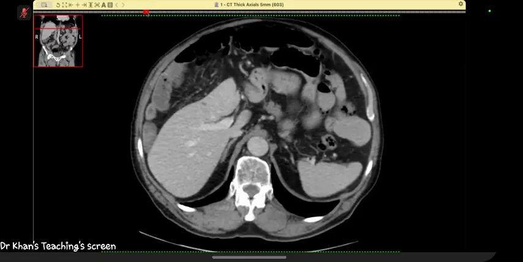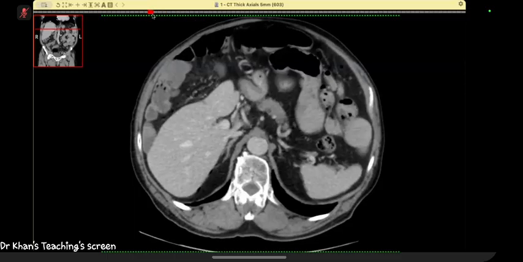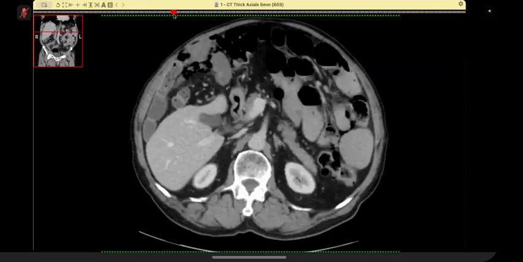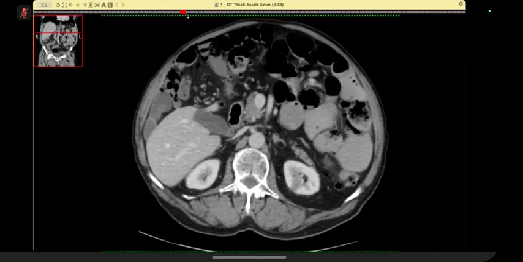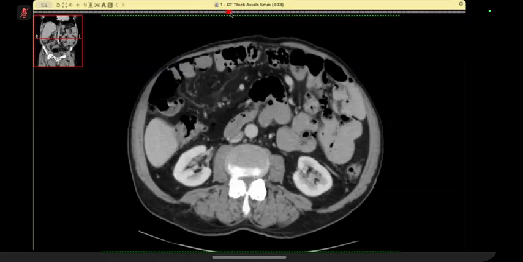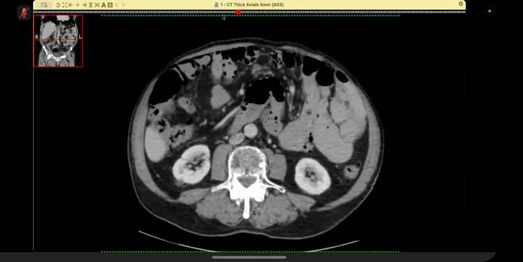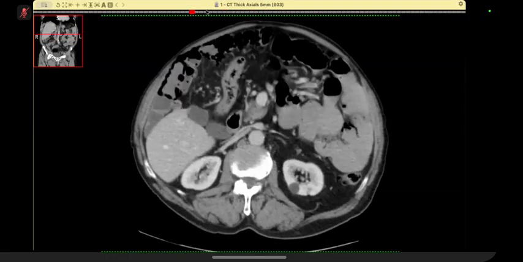Okay, so the liver is showing normal enhancement. I can see a small hypodensity in the left lobe, which most likely represents a cyst. The gallbladder, I cannot see any radiopaque calculus in the gallbladder.